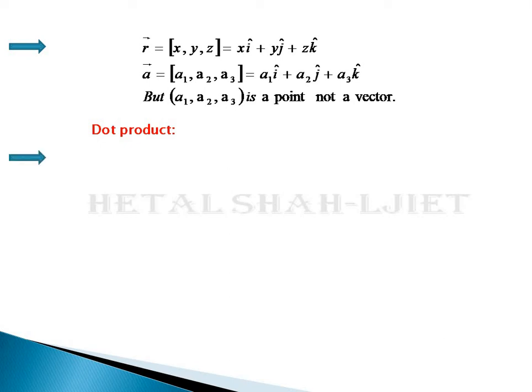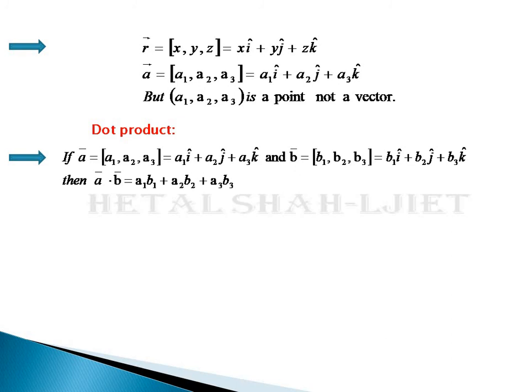Dot product: if we have one vector a bar, that is a1 comma a2 comma a3, a1 i cap plus a2 j cap plus a3 k cap, and the other vector b bar, that is b1 comma b2 comma b3, that is b1 i cap plus b2 j cap plus b3 k cap, then the dot product between a bar and b bar is defined by a bar dot b bar equal to the first term, a1 i cap dot the first element of b, b1 i cap.